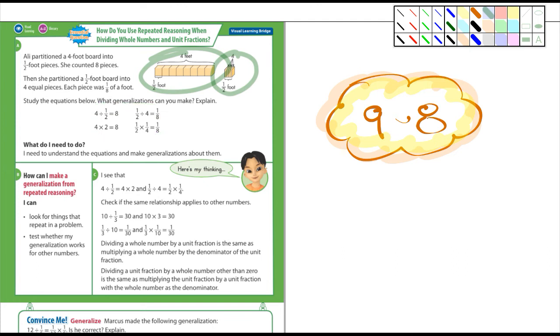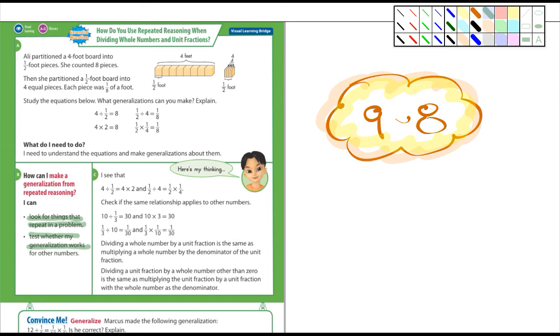And it says, what generalizations can you make? Explain. It says, look for things that repeat in the problem right here. And then it says, test whether my generalizations work with other numbers.